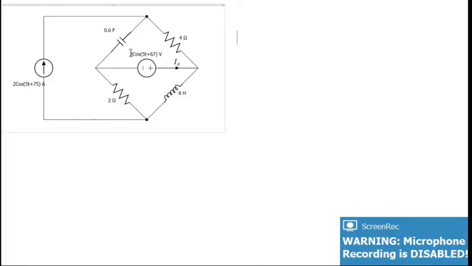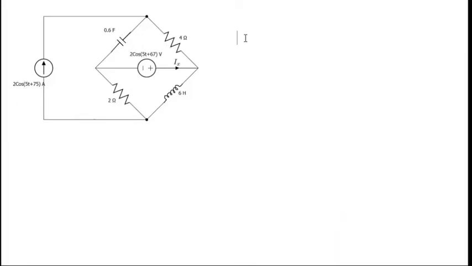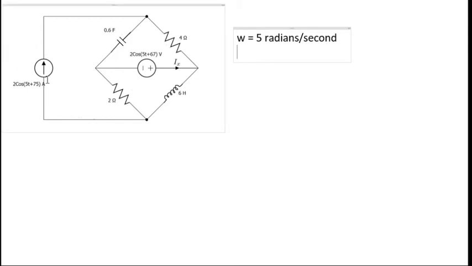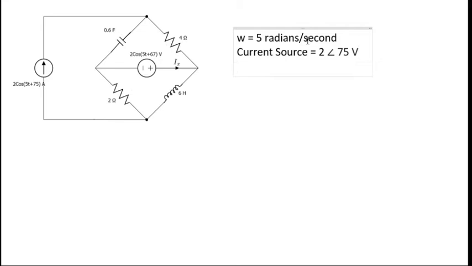In the first part, let's identify what is given to us. As we can see here, the angular frequency is given as 5 radians per second, as you can see, 5t. And the next part, the current source, we write down in the form of the frequency domain with angle of 75 m.